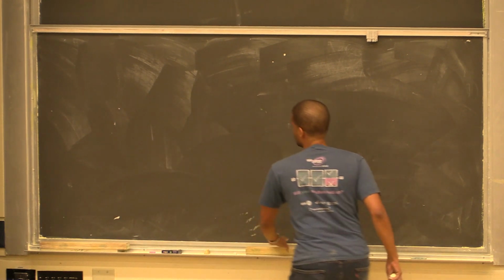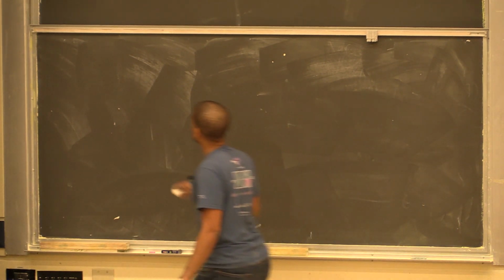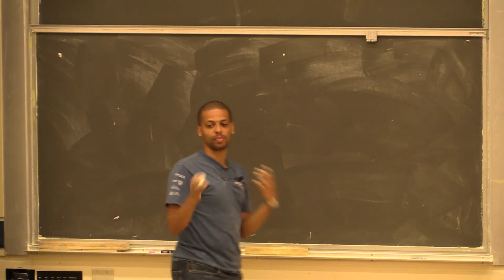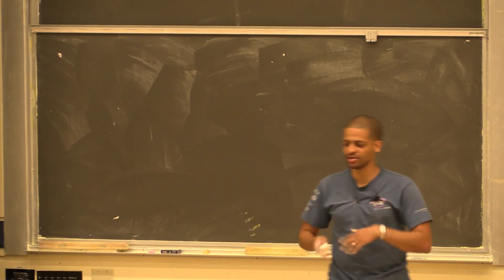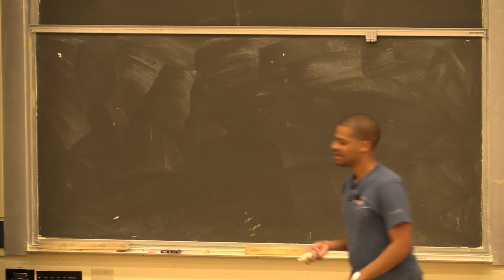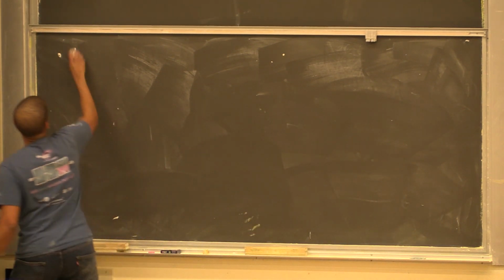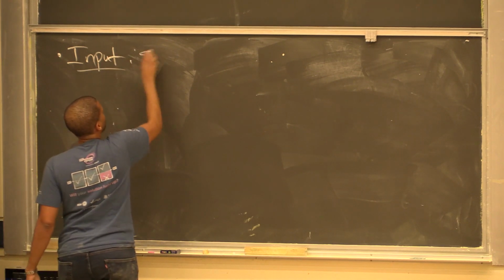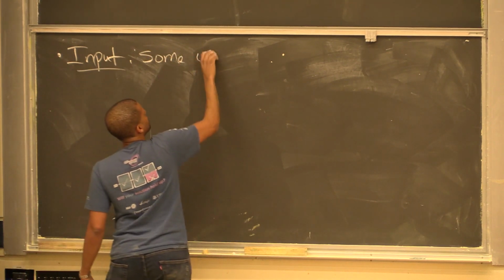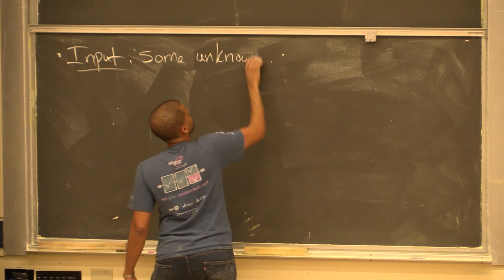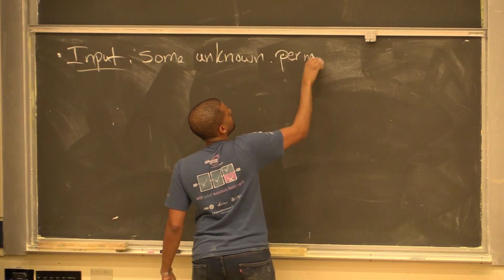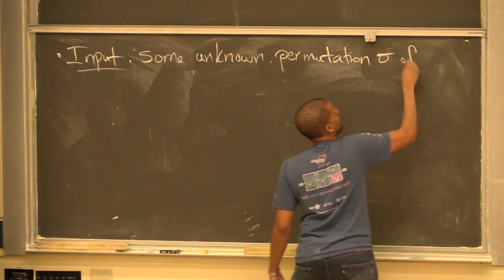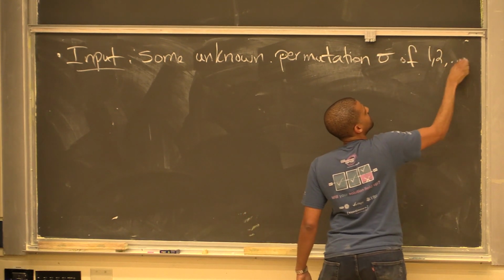So I'm going to restrict myself to a subset of all possible inputs to your sorting algorithm. Pretend the input is an array of length n, some unknown permutation sigma of 1 up to n.